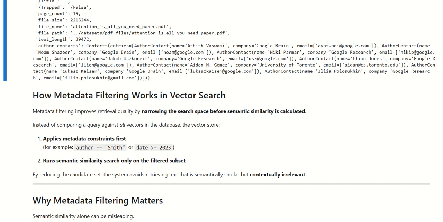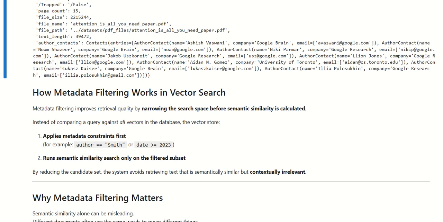It applies the metadata constraint first, and then runs semantic similarity search only on the filtered subset. By reducing the candidate set, the system avoids retrieving text that is semantically similar but contextually irrelevant.